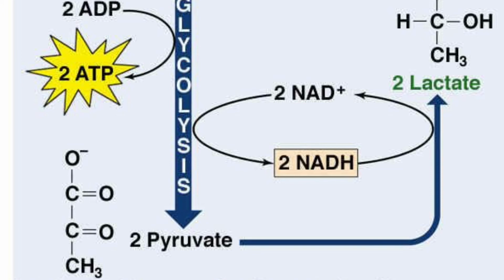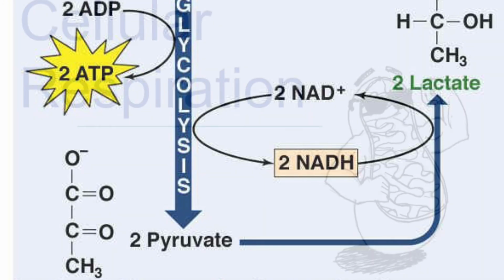As a result, what happens is this pyruvate molecule actually turns into another molecule known as lactate. This lactate allows for the oxidizing of NADH back into NAD+, thus allowing the cycle to occur once again.